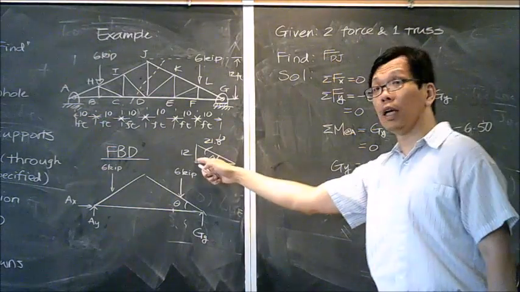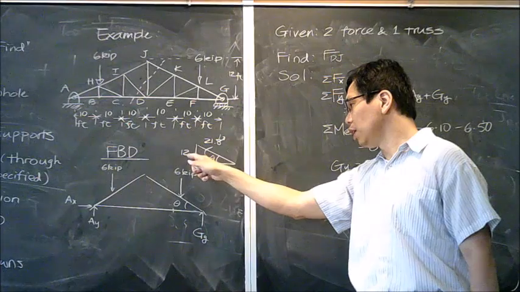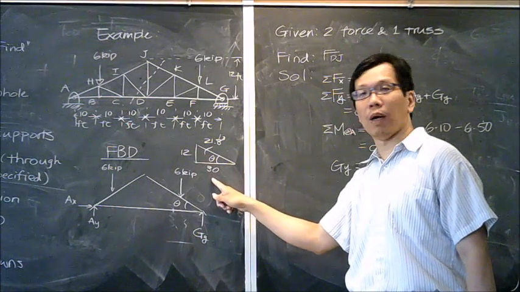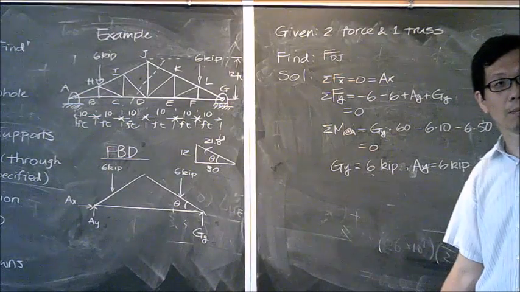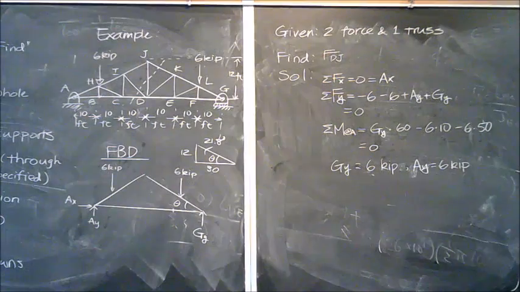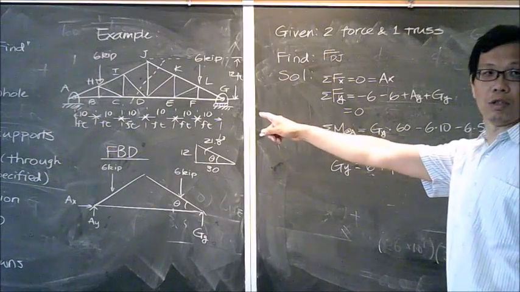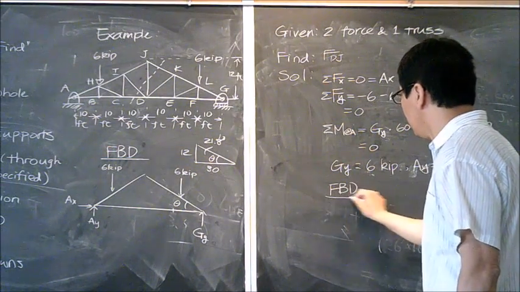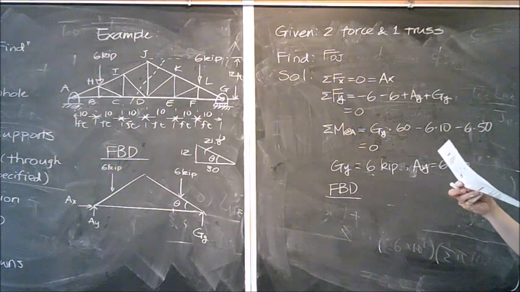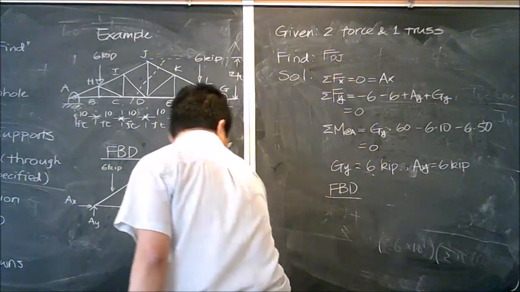It's y over x, which is the tangent value. So if you take the arctangent of 12 divided by 30, you should be able to get the angle as 21.8 degrees. Okay. So with that said, I will start to draw my free body diagram for the section I just cut out.